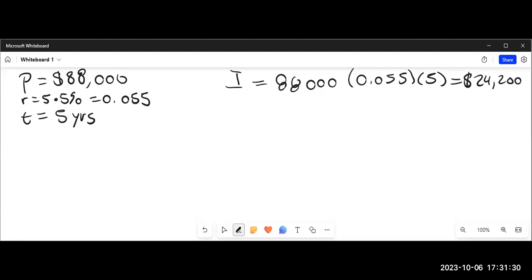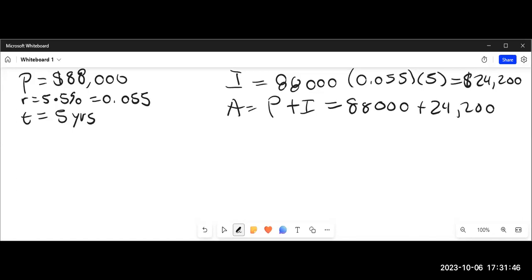That interest is paid in addition to the principal. So the amount that I need to pay back is my principal plus my interest. So they have to pay 88,000 plus 24,200.